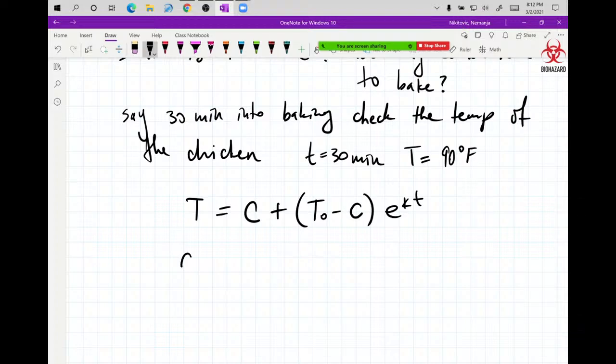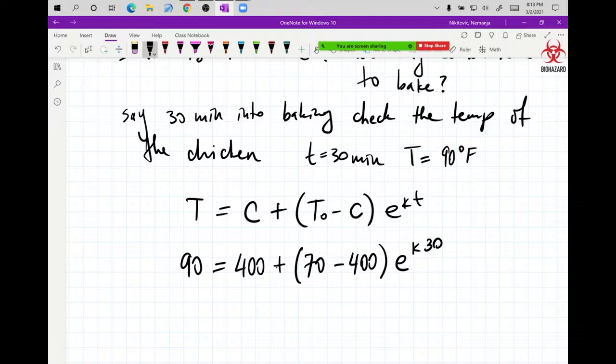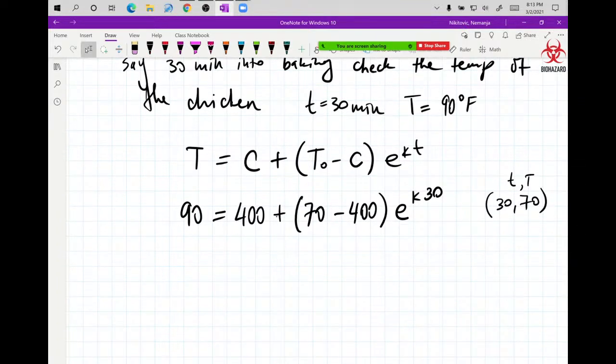All right, so the temperature is 90. The room temperature for the chicken is 400 degrees. The initial temperature for the chicken going in is 70. 400 degrees again, e to the K times 30 minutes for time. So this is me using 30 and 70, which is T and T0, to figure out K, because if you look at this equation, the only unknown variable is K. So that's negative 310 is equal to negative 330 e to the 30k.